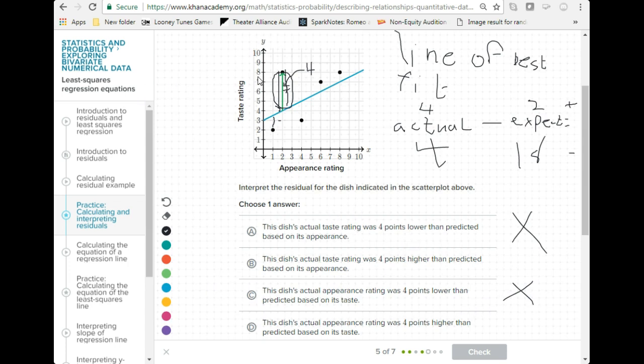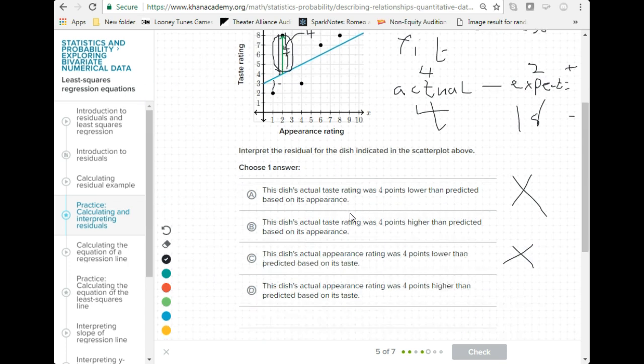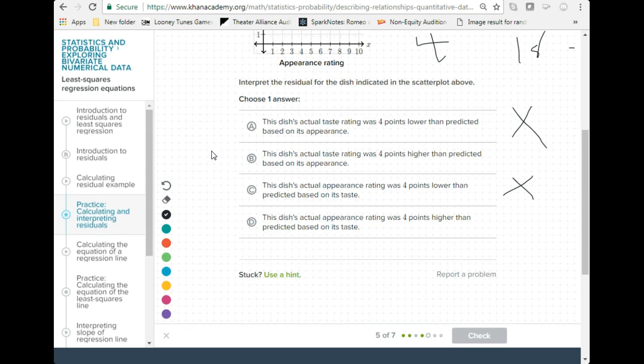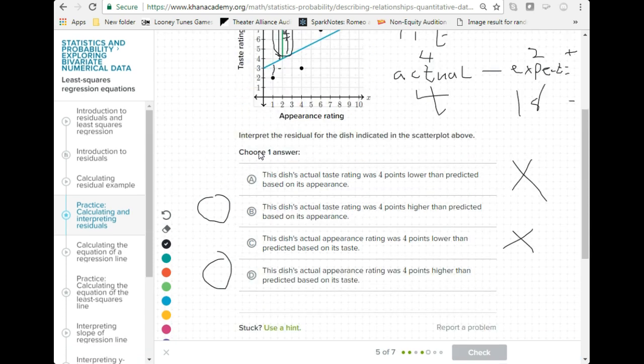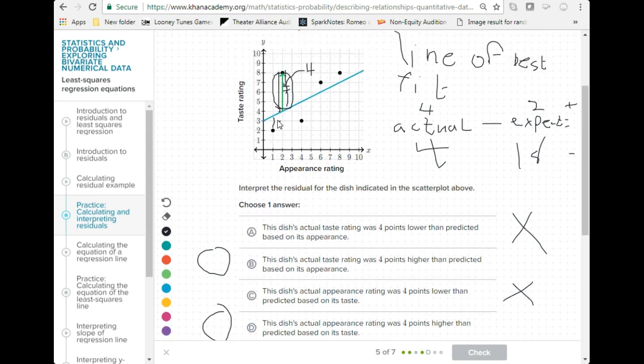And we know that none of this is lower, so it has to be this one or this one. We go to D first, because we worked down this time. Now we're working up. This dish's actual appearance rating was 4 points higher than the predicted based on its taste.